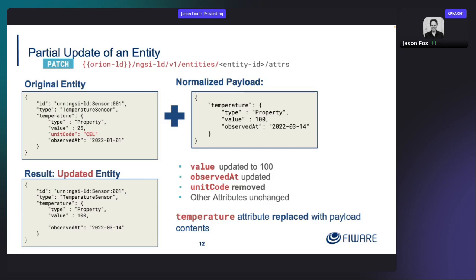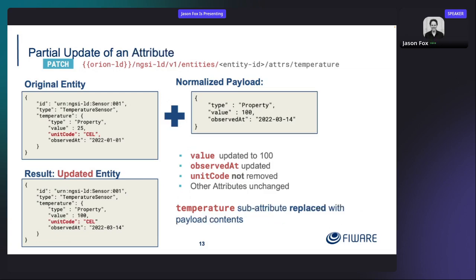Now, this is the way that partial updates work, either partial update of entity or partial update of an attribute. And obviously, if you're doing attrs over temperature, you're not going to be changing another attribute like name. It's going to be left alone. It's only going to affect the stuff which is part of that payload.